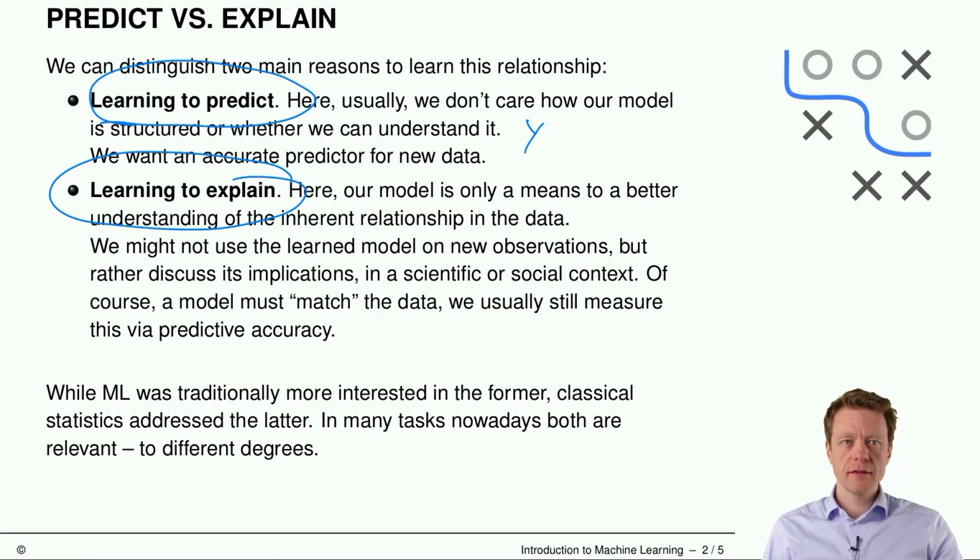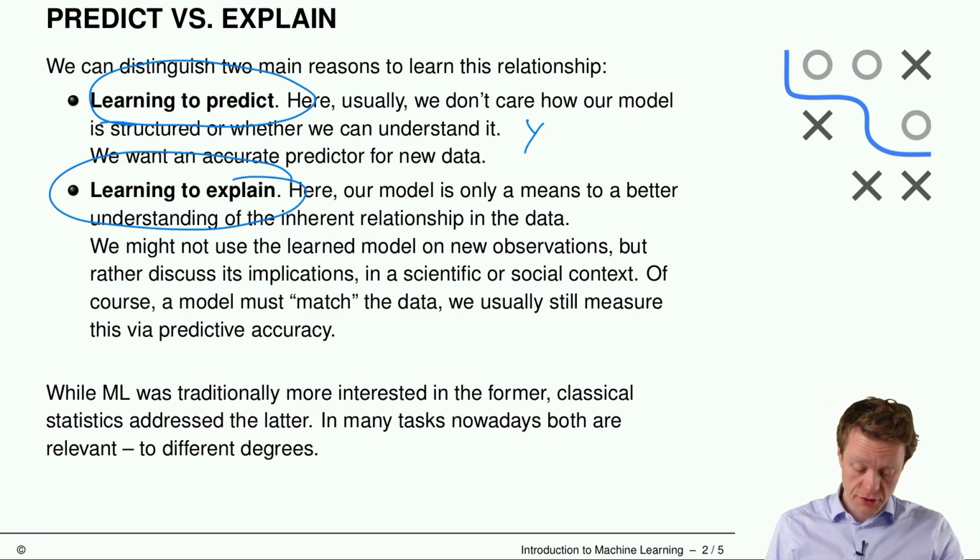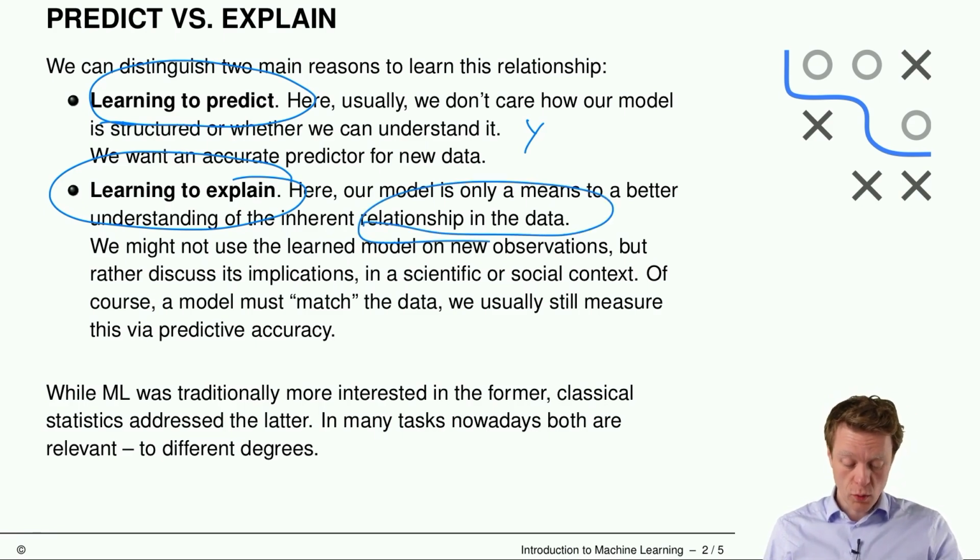On the other hand, in learning to explain, we want to understand the relationship between x and y, or we want to be able to interpret this relationship or to explain this relationship between x and y in the data. Of course, a model that is well able to explain the relationship can also be a good prediction model, and also a good prediction model can be explainable.